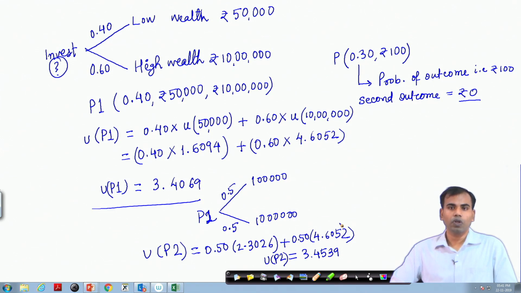If you follow a logarithmic utility function and you have constant preference, you should always go for the second prospect, because it has higher utility.